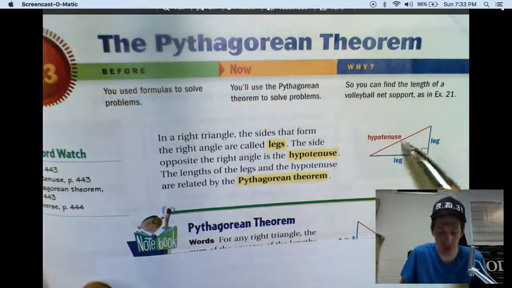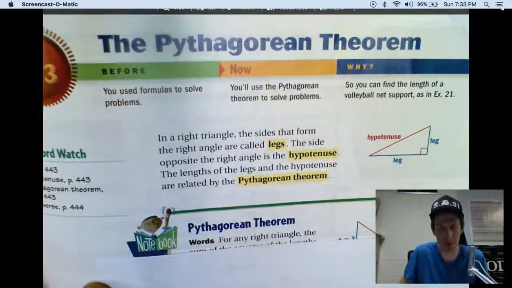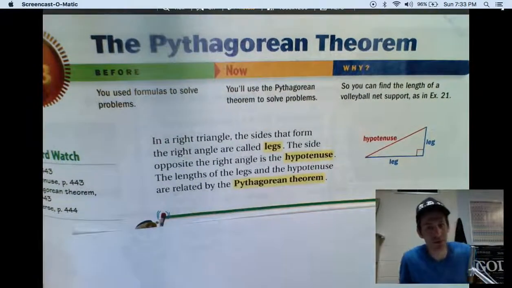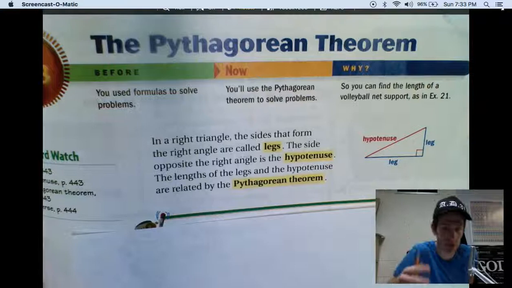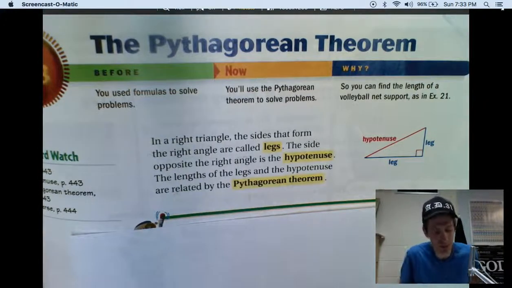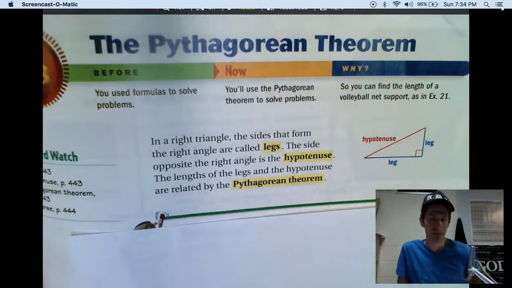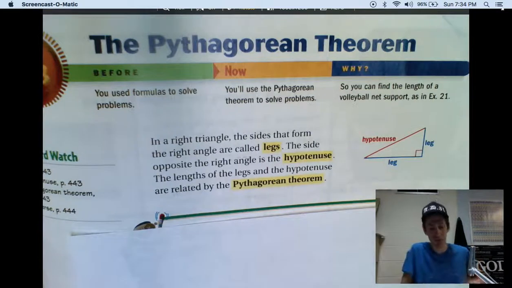The way you do that is by using the Pythagorean theorem. It's an easy formula, and the reason we're moving to this now, after talking about square roots and real numbers, is because this formula deals with exponents, squares, to the exponent power of 2, and square roots. So, let's talk about this.